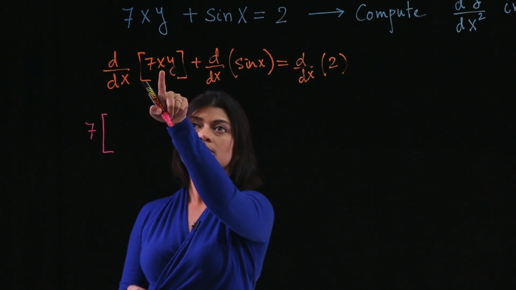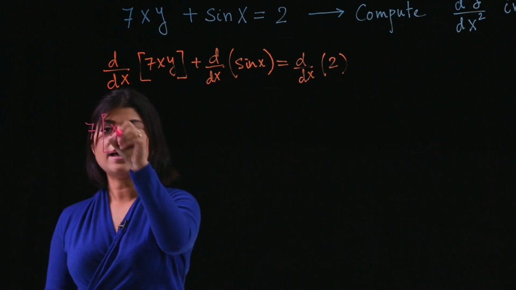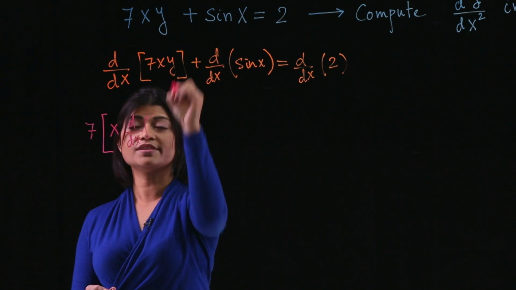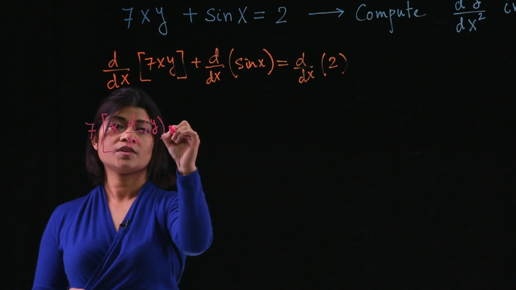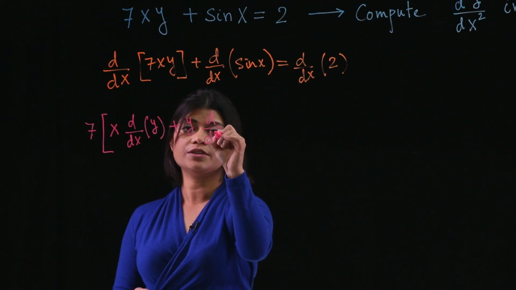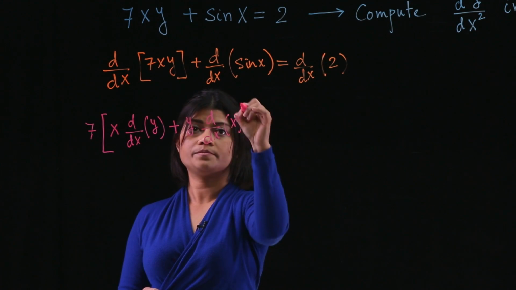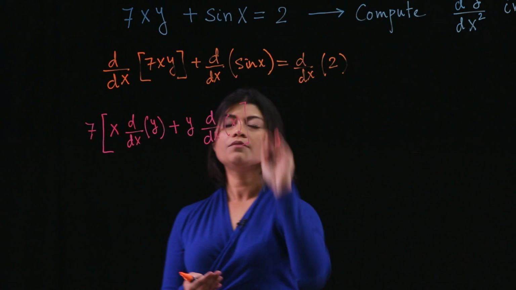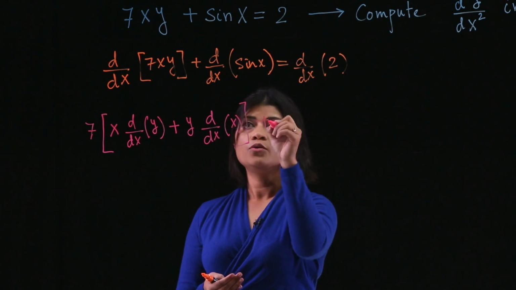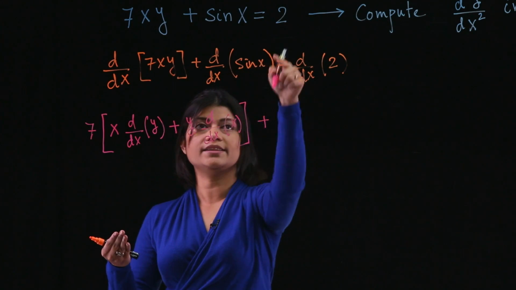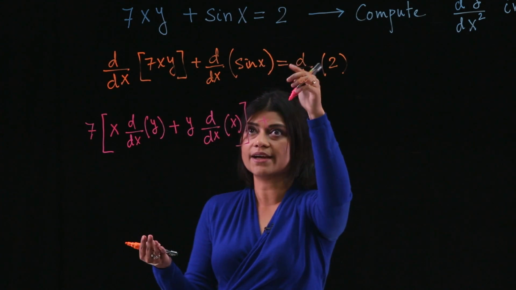Okay, so keep x as it is, take the derivative d dx of the second function, that's y, plus keep y as it is and take the derivative of x, the first function. That's product rule. For the second term, we just have one function, sine of x, and there's just the variable x.